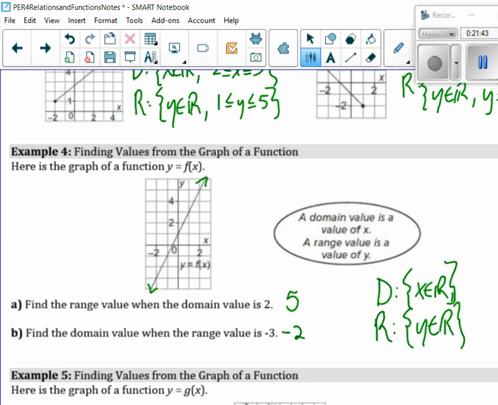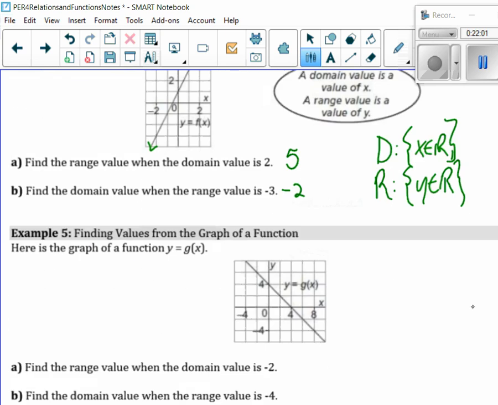So does anybody know if X is an element of reals, what would the starting and the ending be? Yes, negative infinity to positive infinity. Very good. And really, negative infinity isn't a number, but as a concept, it's negative infinity to positive infinity. It's not a number.